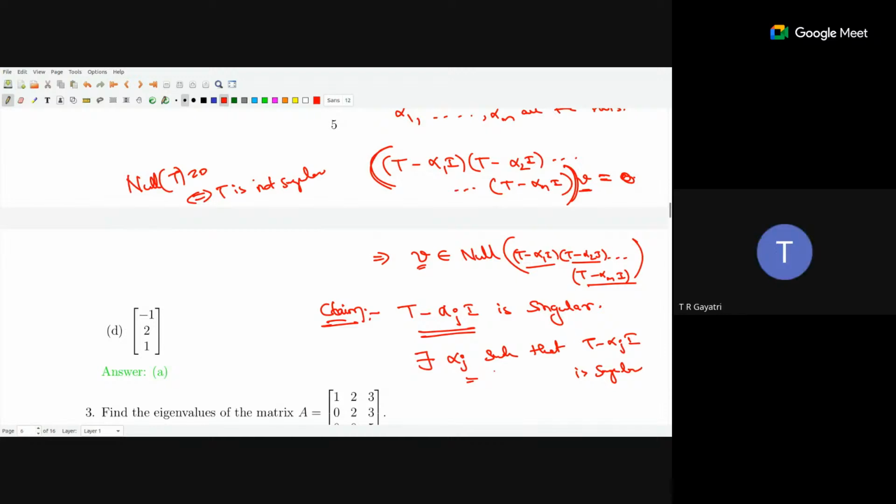Okay. So using this, how do we solve a problem? Nothing. This is just a proof that there will always exist eigenvalues for any matrix. From the problem point of view, you can use whatever traditional way we know.